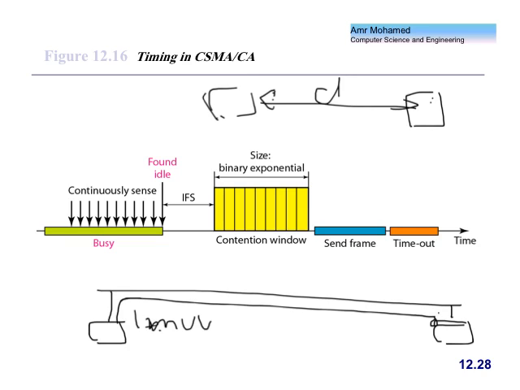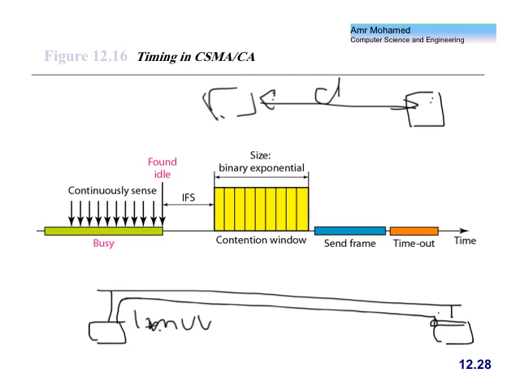So the interframe spacing as well can be used to represent some kind of a priority. So the first thing is that this accounts for if there is any transmission happening, but I cannot hear it. So I have to wait a little bit until I make sure that no one is actually sending anything.